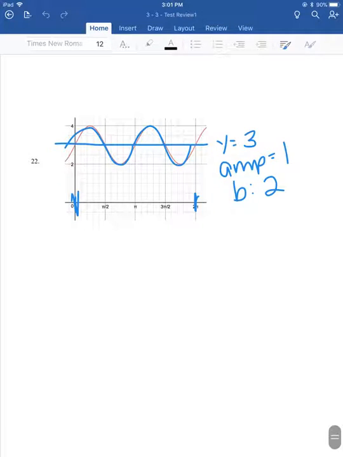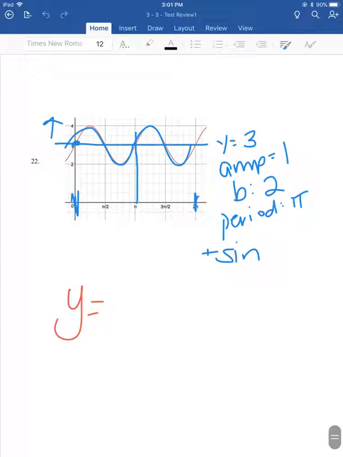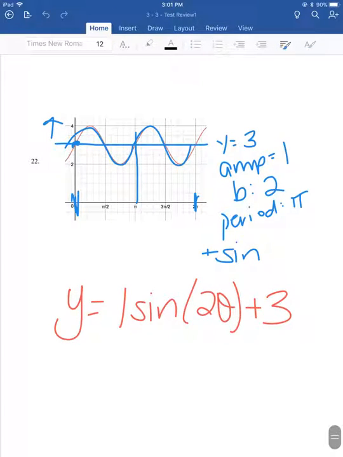I could also say that the period is pi, and then I can figure it out that way also, whatever you want to do, not a big deal. Because this starts on my midline, it is a sine function, and because it heads up after, it's a positive sine. So my final answer here is going to be y equals 1 sine 2 theta plus 3.